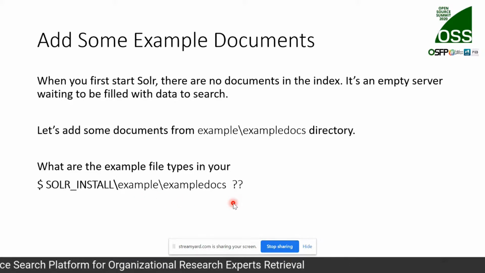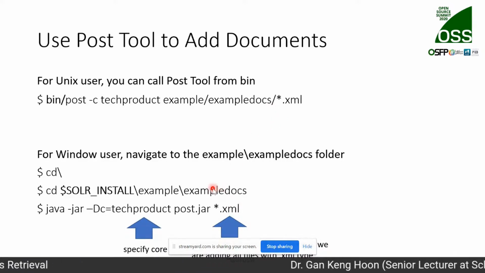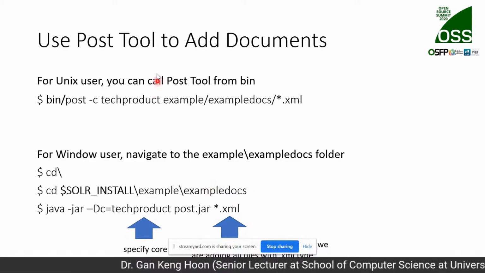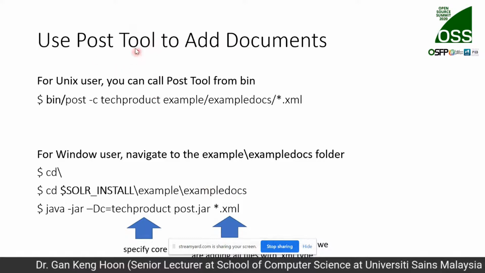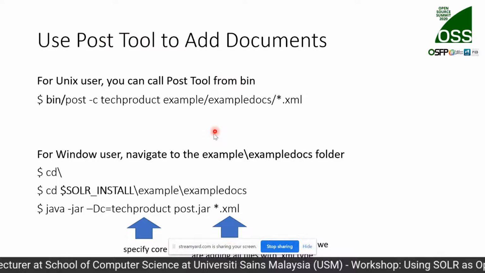We have some XML files stored inside the exampledocs folder, and we can use the post tool. We call it a post tool. It's a Java tool to add the documents to the core.